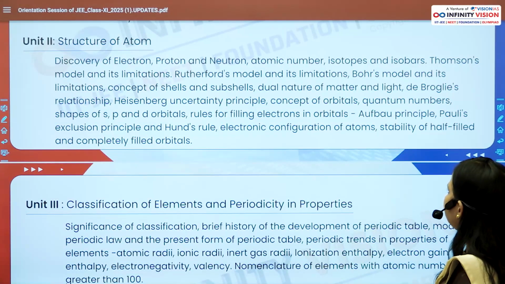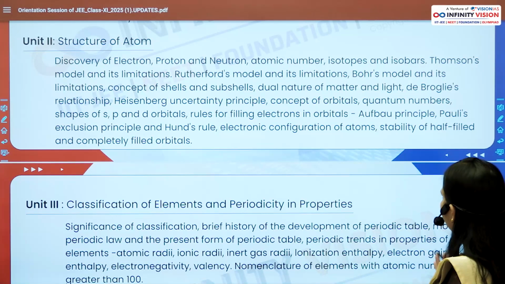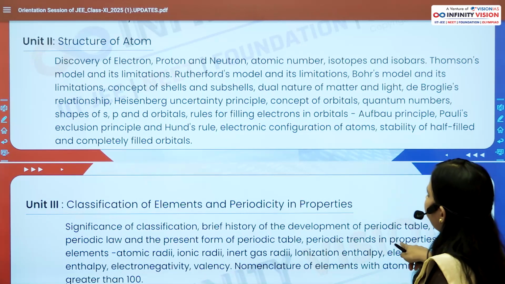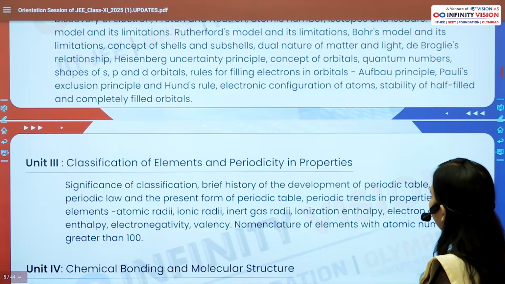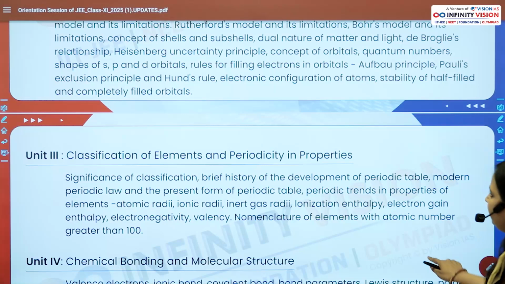As the name suggests, we study about the atom, the subatomic particles, different models of atomic theory, and different terms, laws and rules for filling electrons in orbitals.